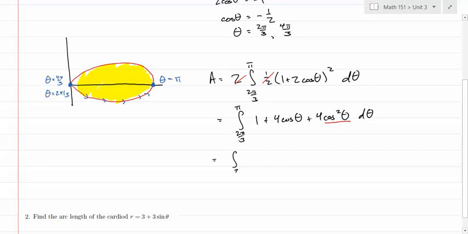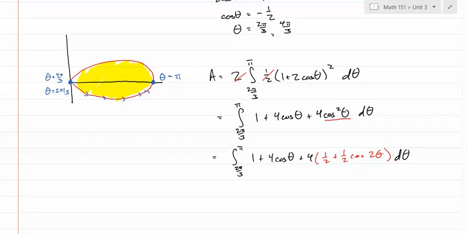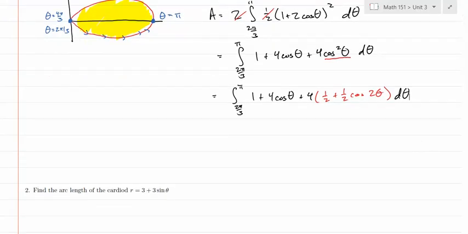So you have the integral from 2 pi over 3 to pi of 1 plus 4 cosine theta plus 4 times, and the half angle formula says cosine squared is a half plus a half cosine of 2 theta. Using that identity makes it easier to integrate.